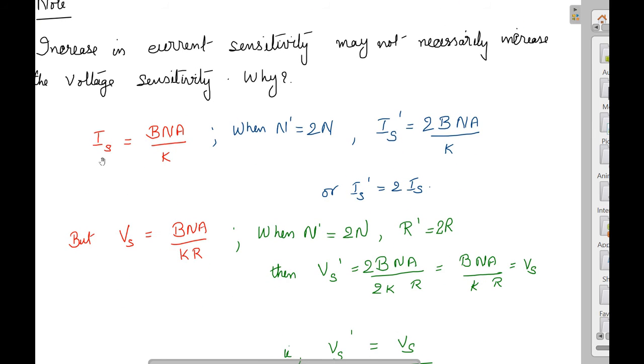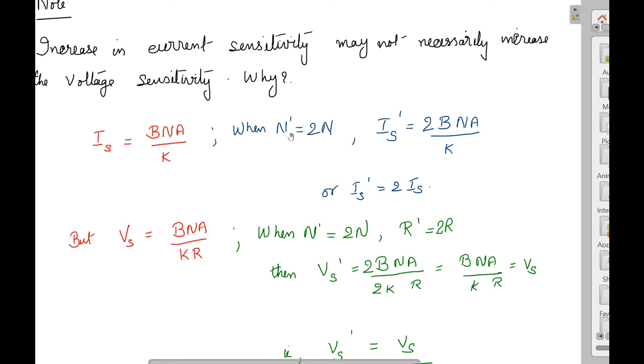We know current sensitivity is BNA by K. Suppose we increase the number of turns. Either we can increase B, N, A, whatever it is. Suppose in the case of the coil, we are increasing the number of turns.